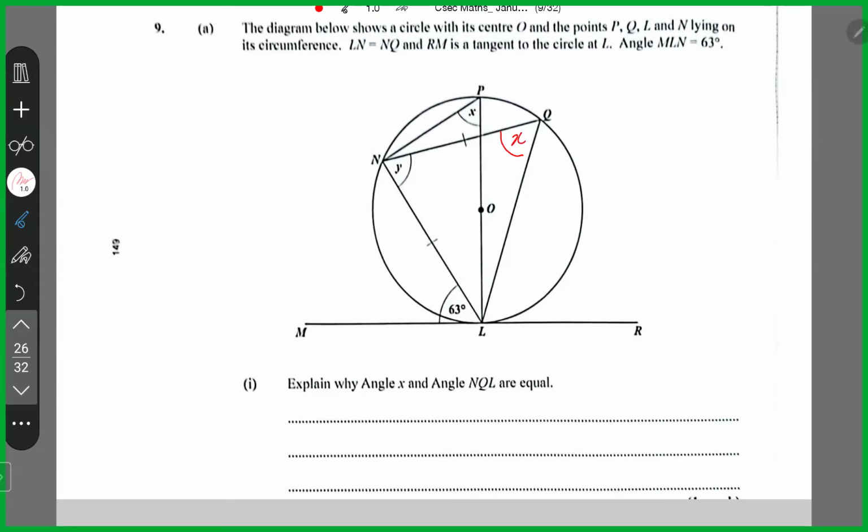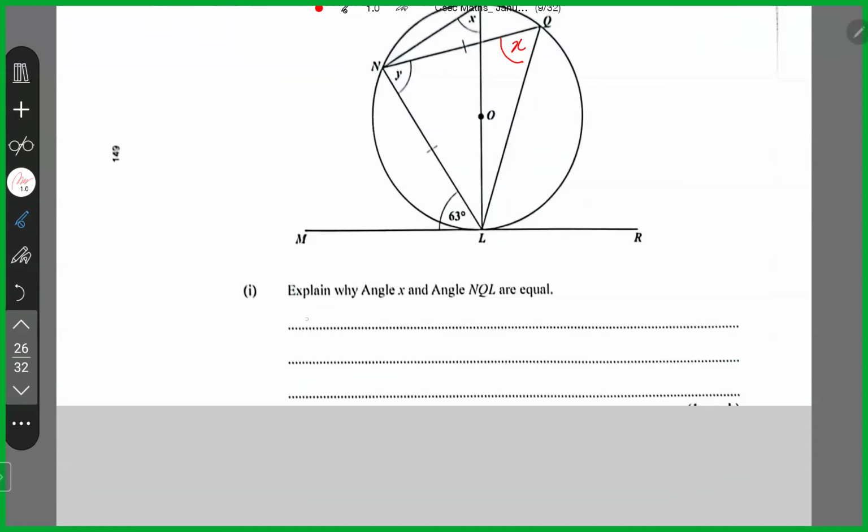So I can say angle X is equal to angle NQL because they are angles in the same segment.